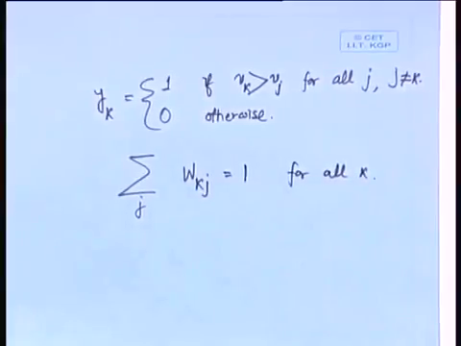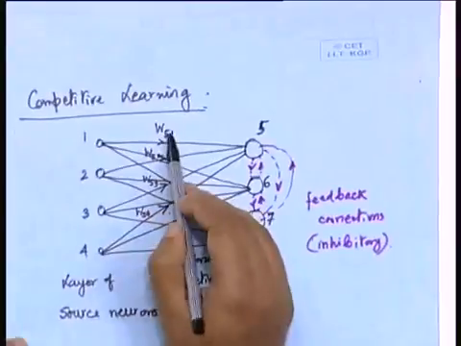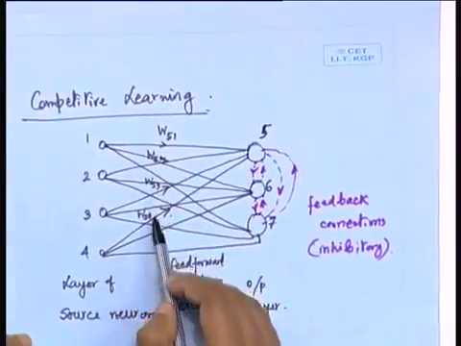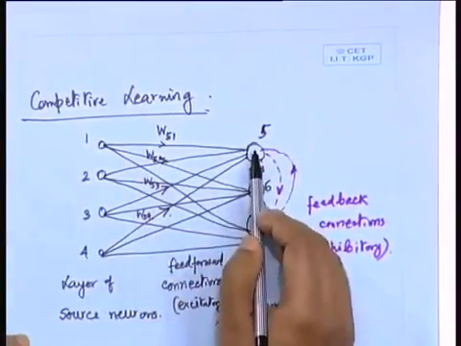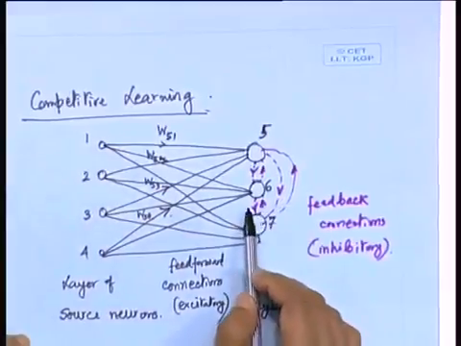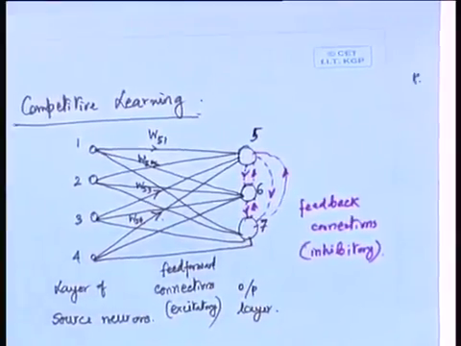This is another constraint that we define on the weights. The sum total of the synaptic weights to any output neuron is going to be 1, meaning that the summation of w 5 1, 5 2, 5 3 and 5 4 is going to be 1. Likewise, the summation of w 6 1, 6 2, 6 3 and 6 4 is going to be 1.